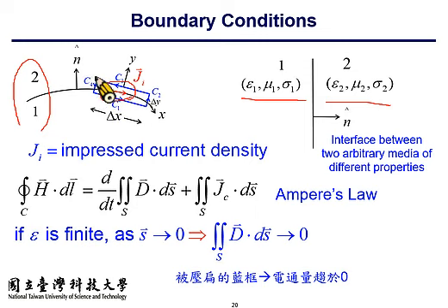perpendicular. Here the blue rectangle indicates the region we are interested in. As you can see, we focus on the interface between medium 1 and medium 2. The red arrow, the impressed current density, is actually the current passing through the blue rectangle.